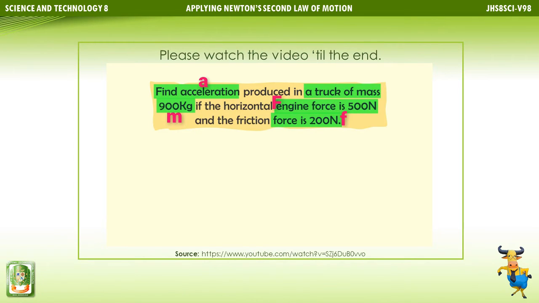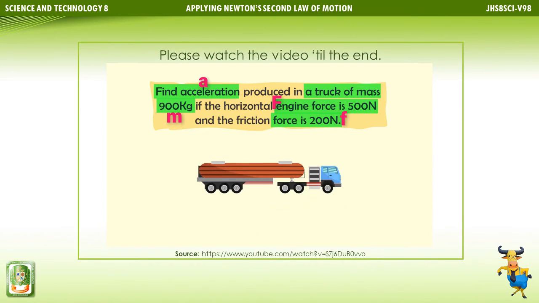Now let me draw a freehand diagram so that you could understand it in an easy way. Let's consider a truck. Let its mass be 900 kg. Let the horizontal force F equal to 500 Newton act in this direction, while the friction force f equal to 200 Newton, being the opposite force, acts in the opposite direction.